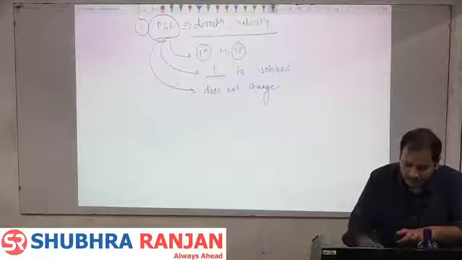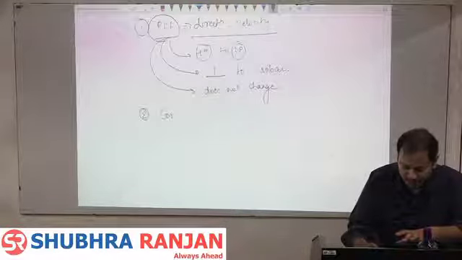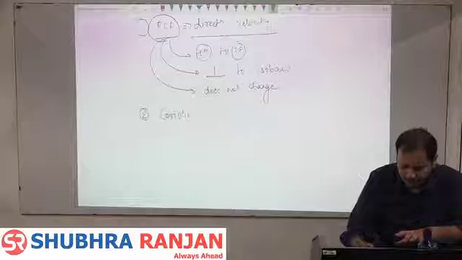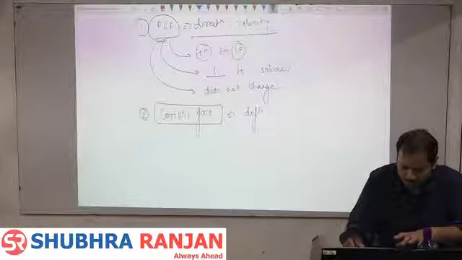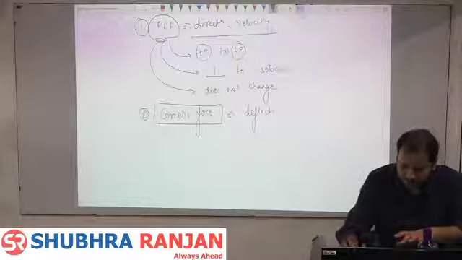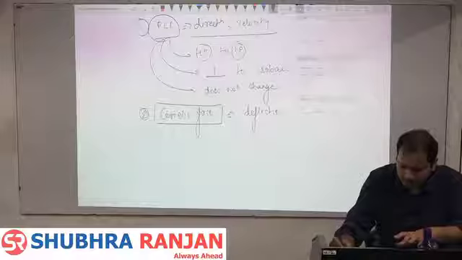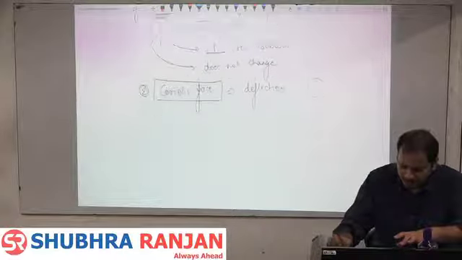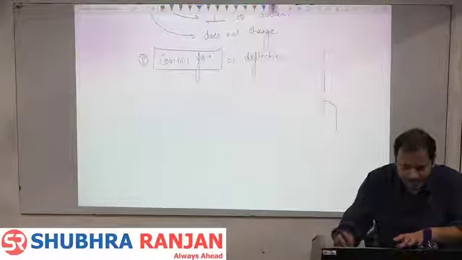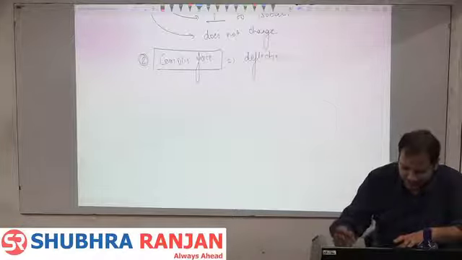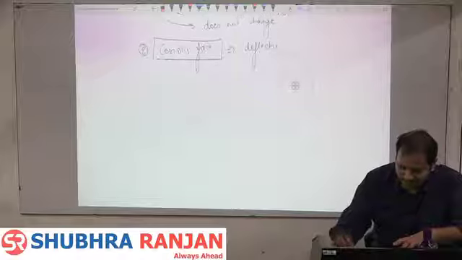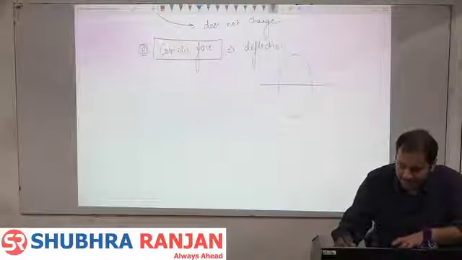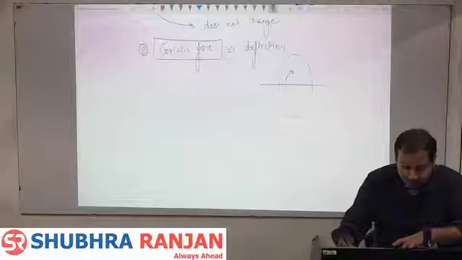The second kind of force is the Coriolis effect or the Coriolis force. The Coriolis force is the force of deflection. It is the force of deflection in the terms of any wind in the northern hemisphere being deflected to the right of its direction.